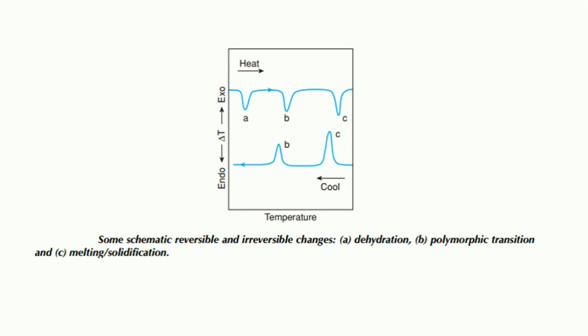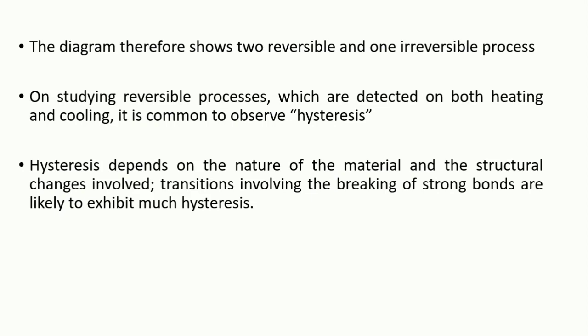On studying reversible processes which are detected on both heating and cooling, it is common to observe hysteresis. The exotherm on cooling may be displaced to lower temperatures than the corresponding endotherm on heating.